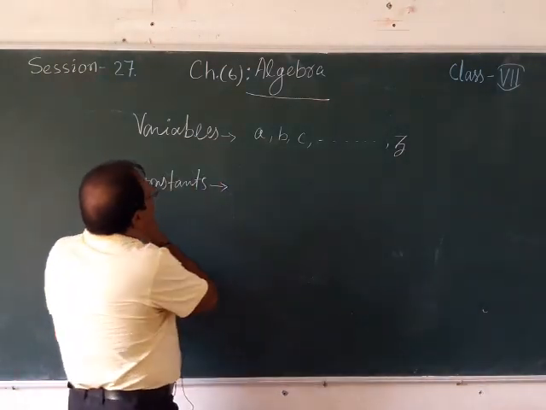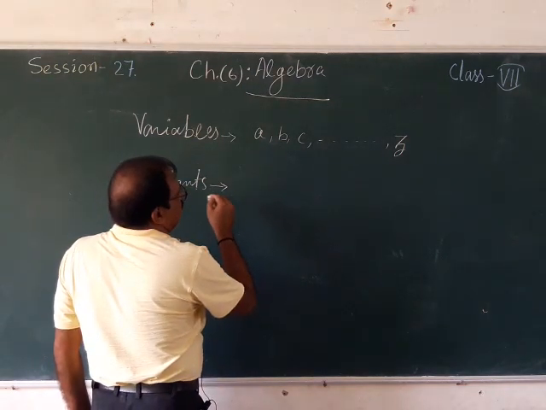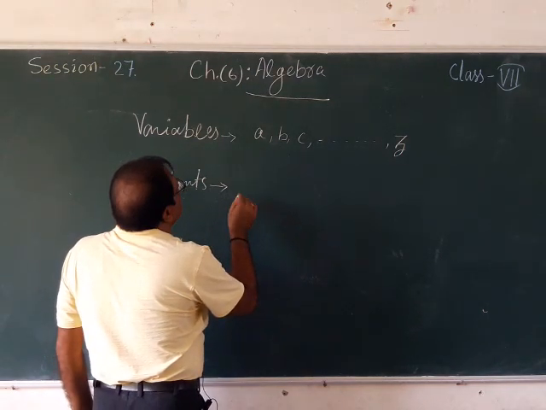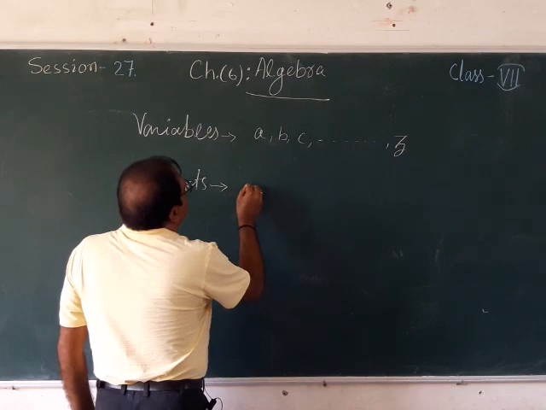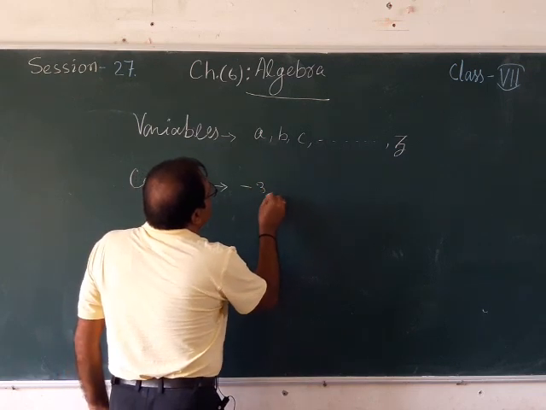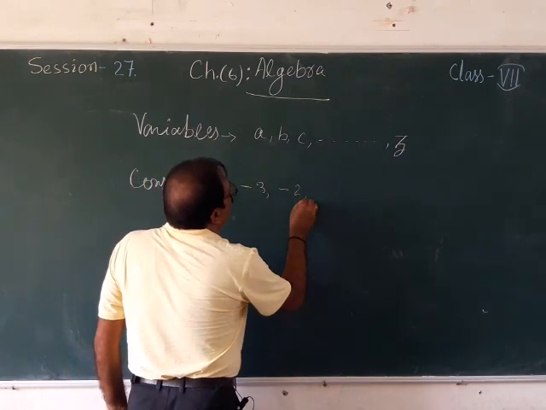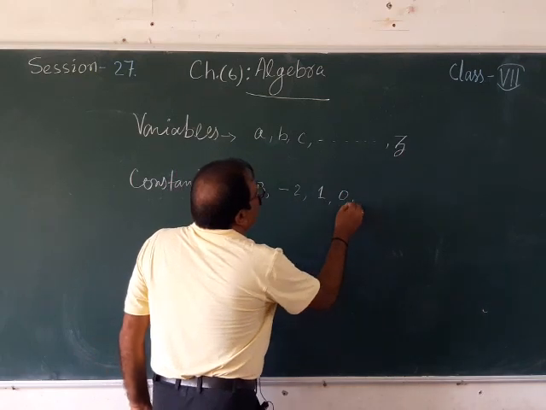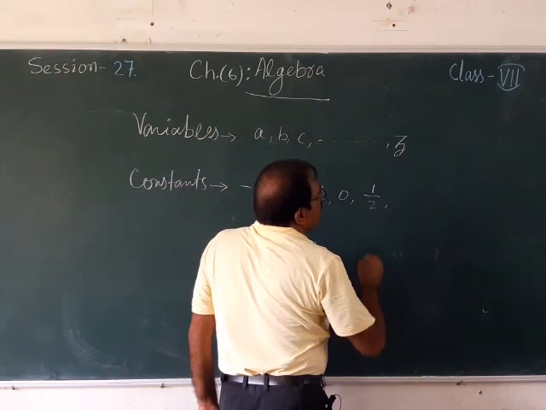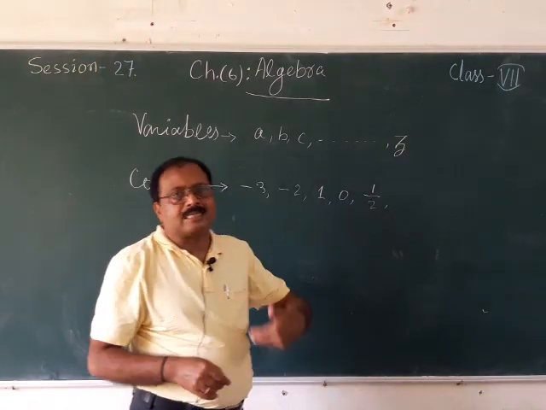Now what is a constant? Constant means any arithmetical number, like -3, -2, 1, 0, or you are writing 1/2 or 7/3, that means all rational numbers.